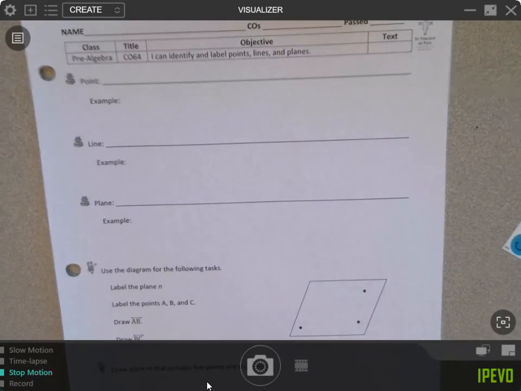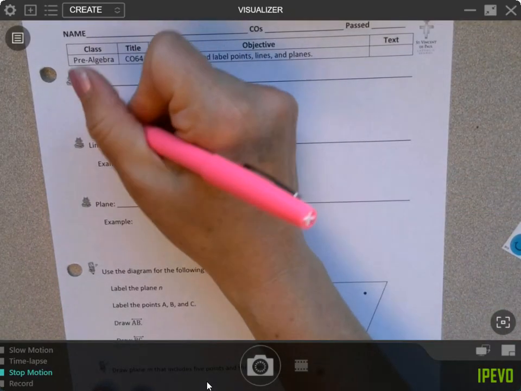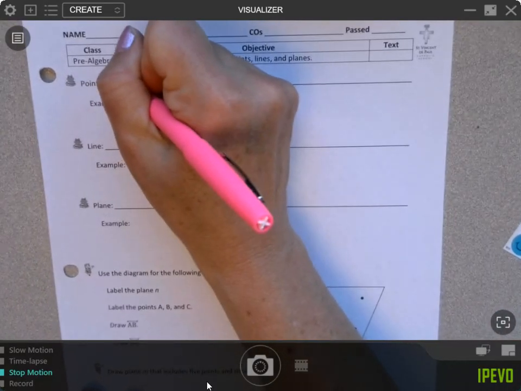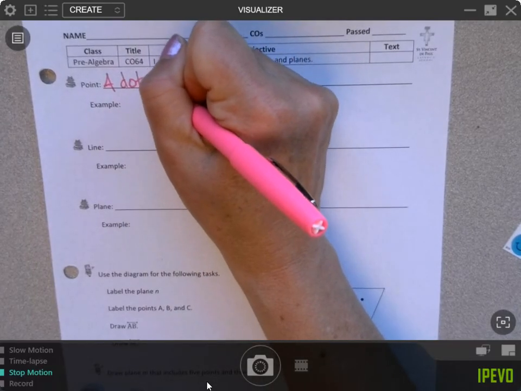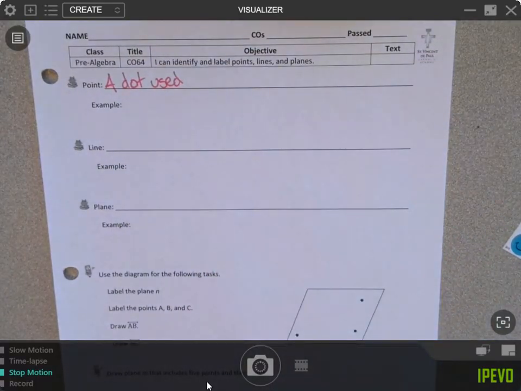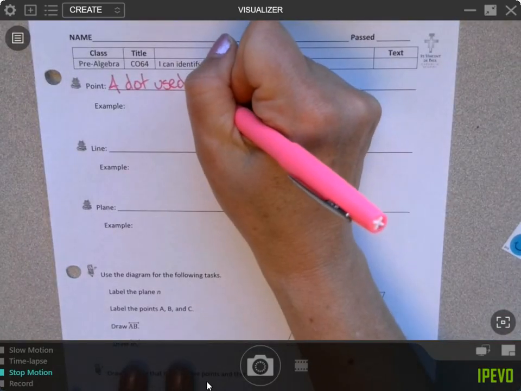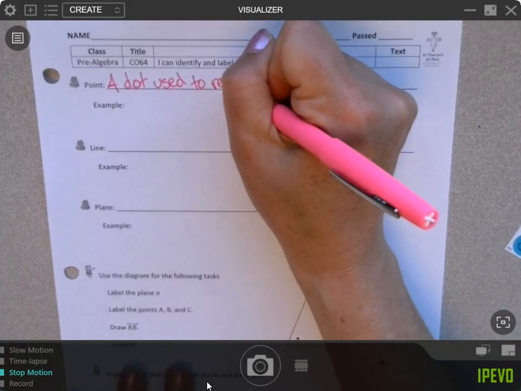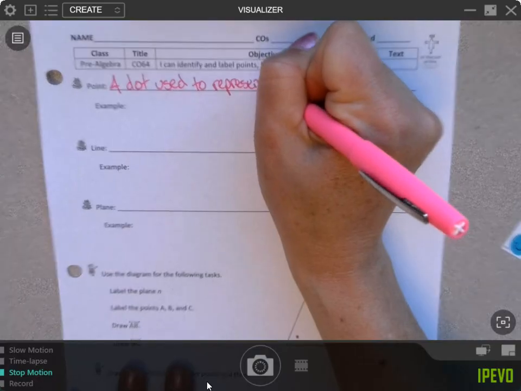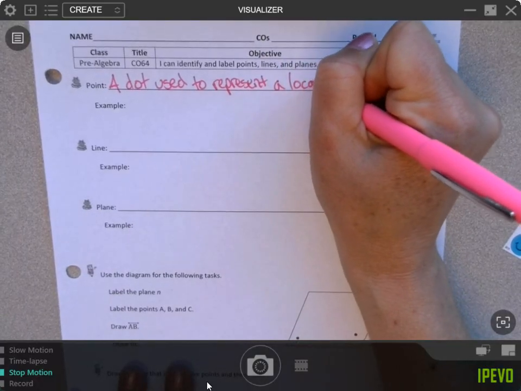So, a point is a dot used to represent a location.